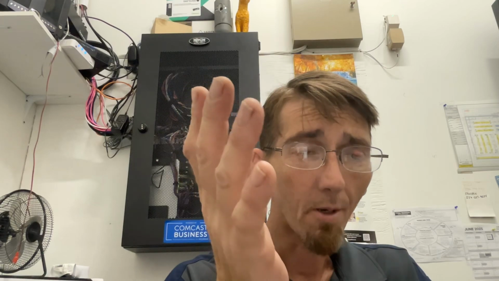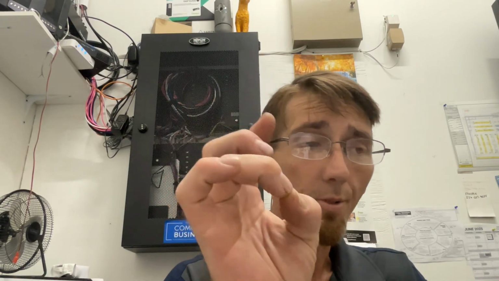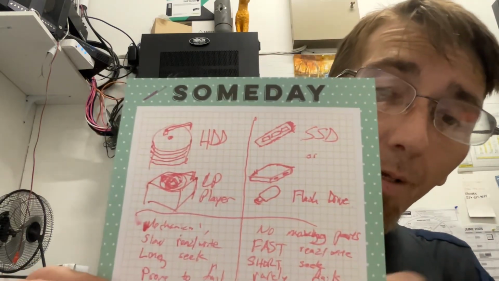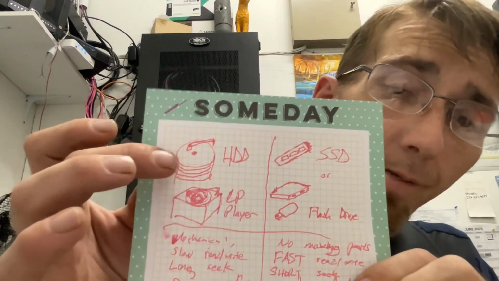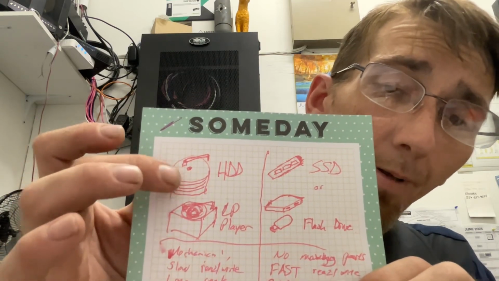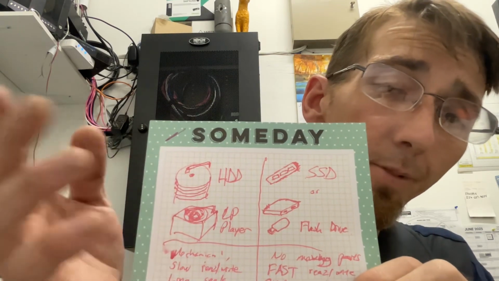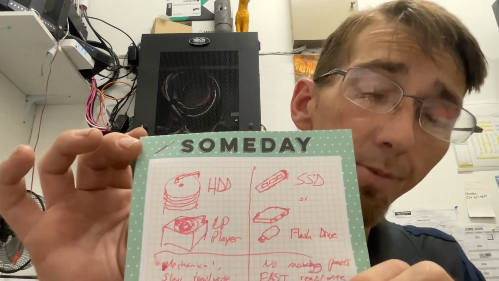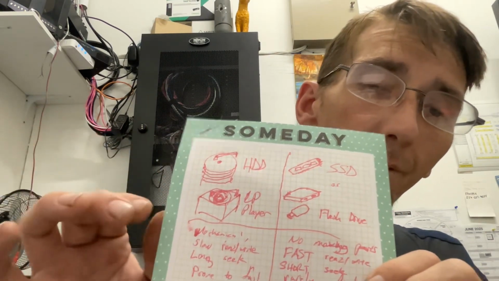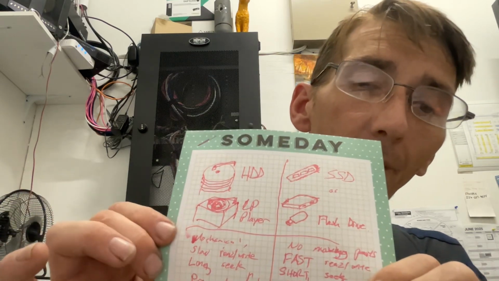Now, firstly, let's talk about an HDD, a traditional hard disk drive, and how it works. I'm not an artist, so I've drawn a visual aid. So you can see here, an HDD is a stack of spinning platters that spin up to 10,000 RPMs in some cases, but generally 7,200 RPM is the standard.